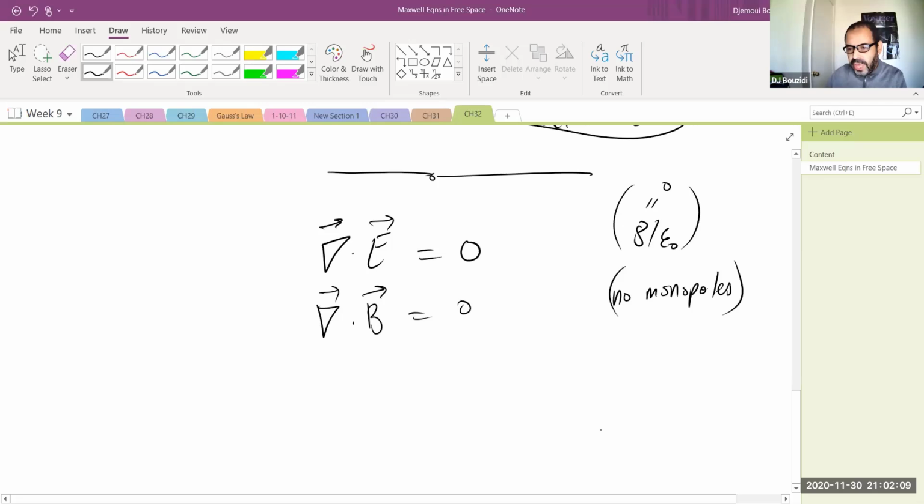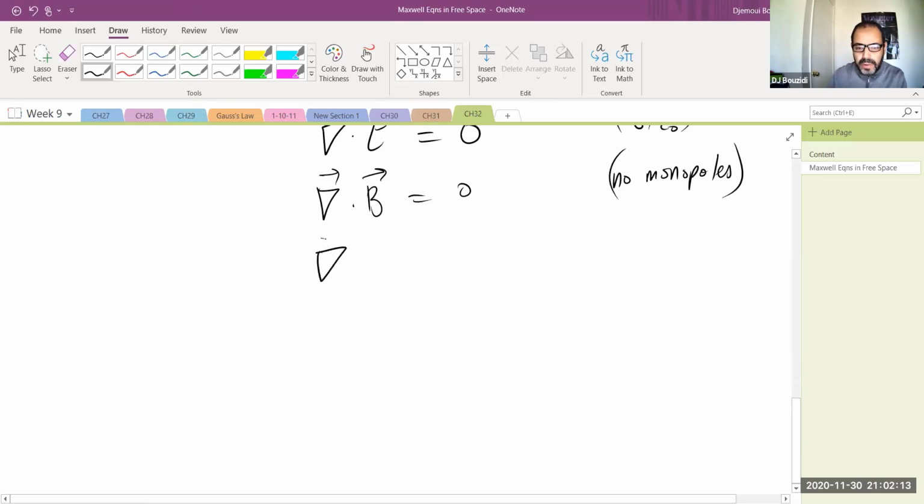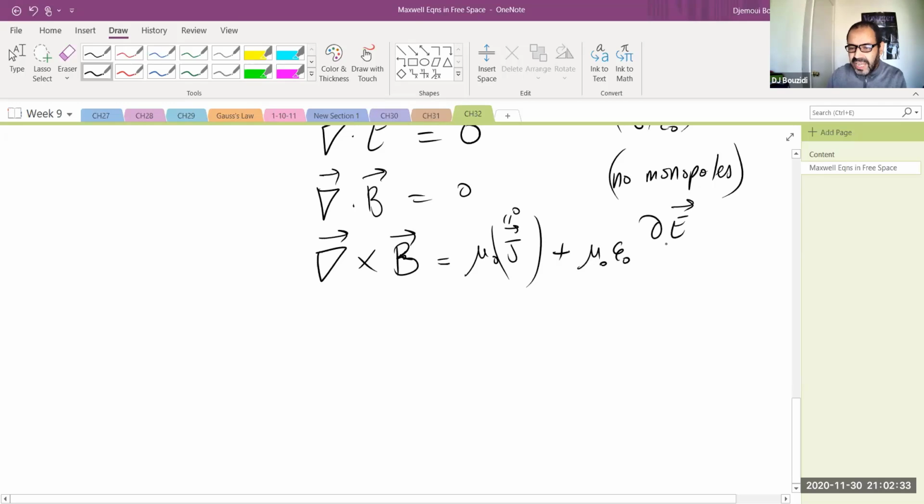Okay, the circulation of, that's the curl actually of B, the circulation of the magnetic field in this situation is usually mu naught J, but this J is equal to 0 because we are in free space again, plus mu naught epsilon naught times the time derivative of the electric field. I'm using partials in this case because everything depends potentially on position and time.